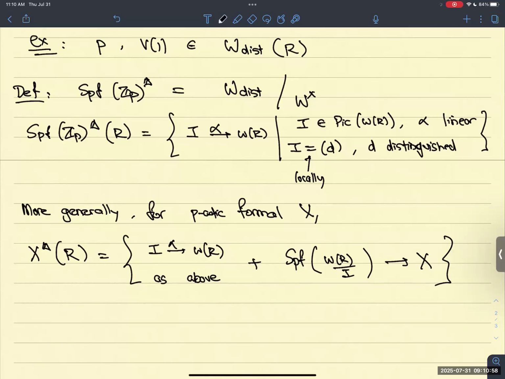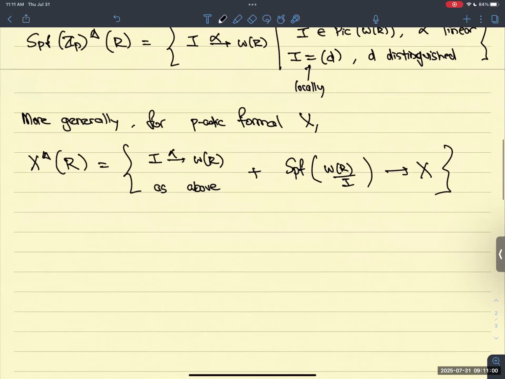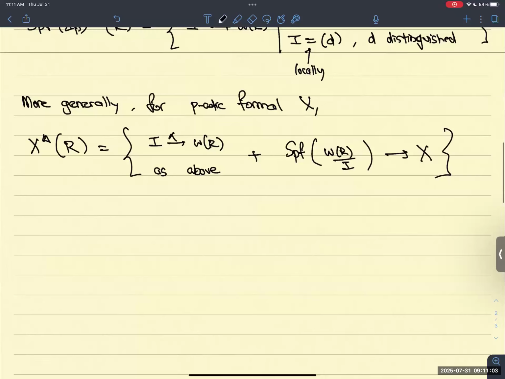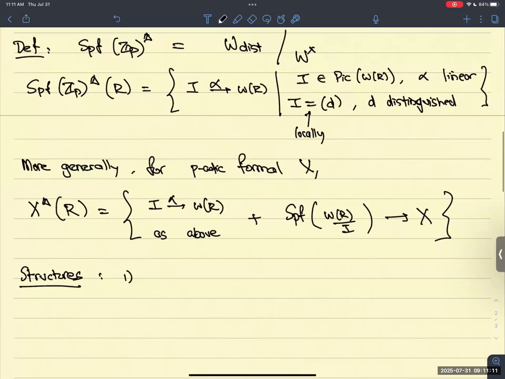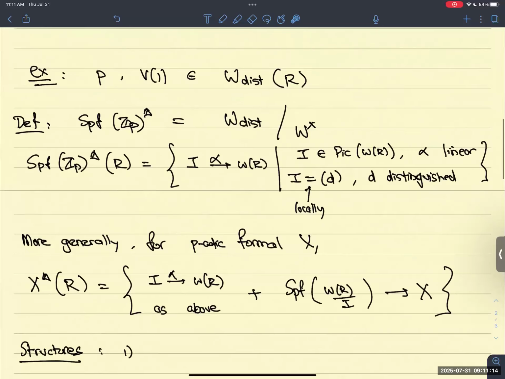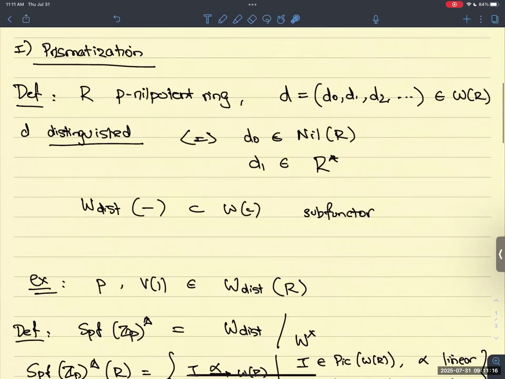It's pretty simple. Let me tell you about some structures and properties of this definition to help us understand it better. So it has a bunch of natural structures on it. First is that if you know something about the Witt vectors, you know that the Witt vectors come with a Frobenius.